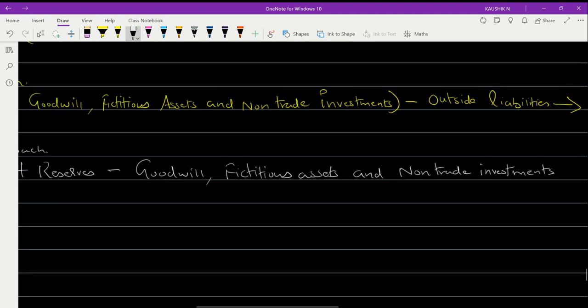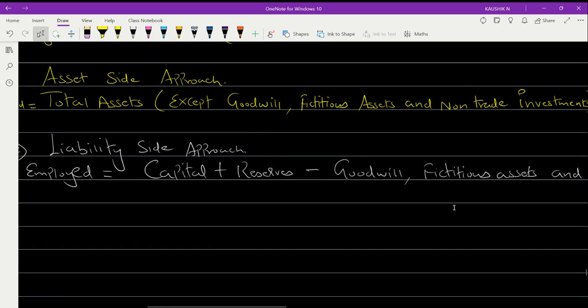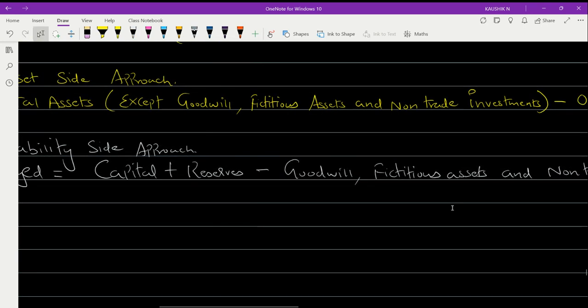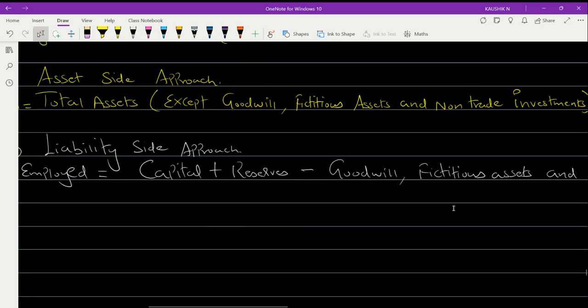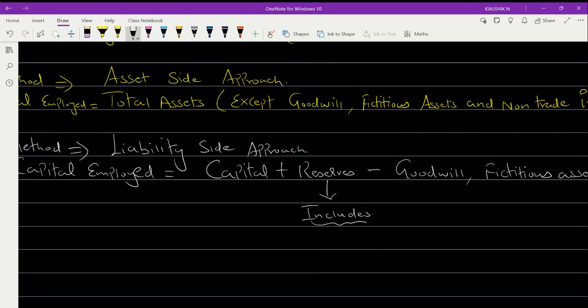So this is the formula which we'll use under the liability side approach to get the value of your capital employed. Now here, when we talk about the reserves, we should keep in mind what this reserve includes under this category.